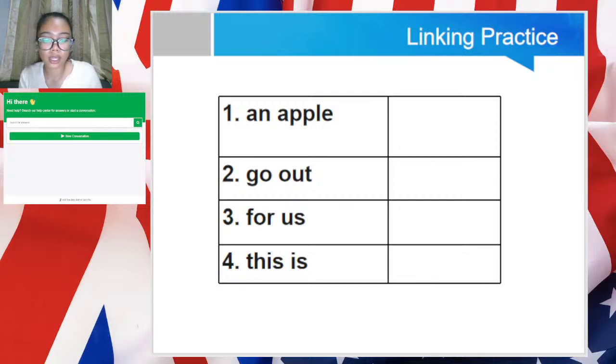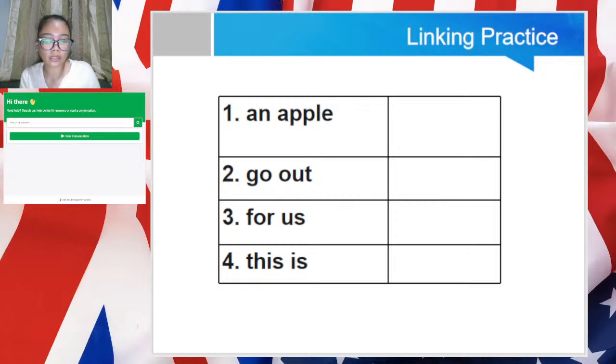"An apple, an apple." But the proper way to say it is "an apple." But as time goes by, we blend, we assimilate the last sound of the first word and the first sound of the last word, and then we get "an apple."